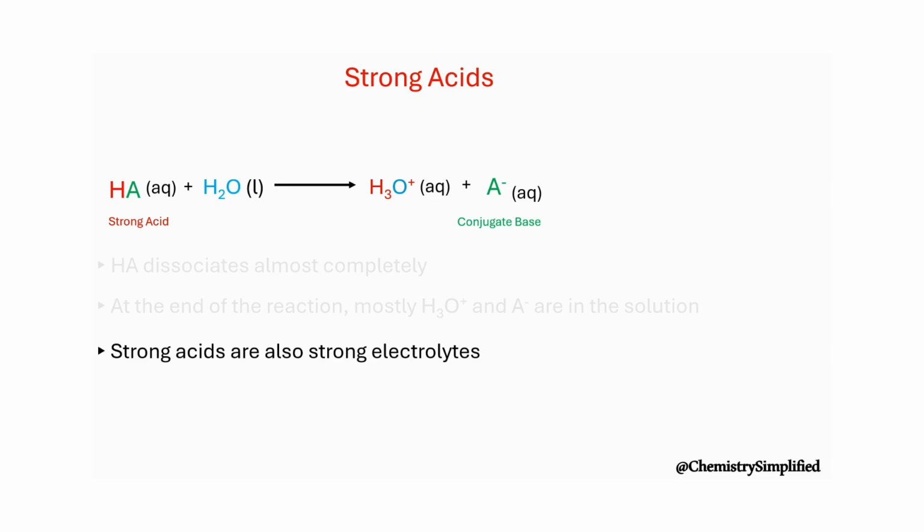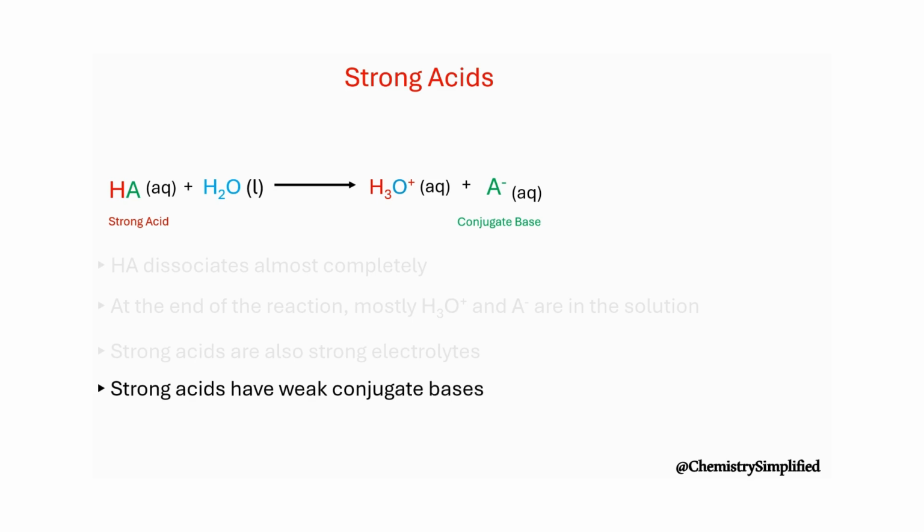A strong acid is a strong electrolyte, right? So any acid that's said to be strong is considered to be a strong electrolyte. However, strong acids produce weak conjugate bases. Very important: if an acid is strong, it will produce weak conjugate bases.